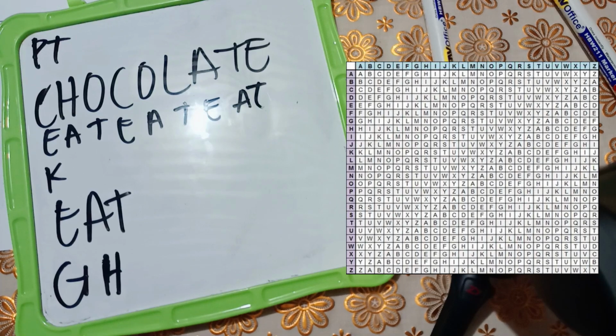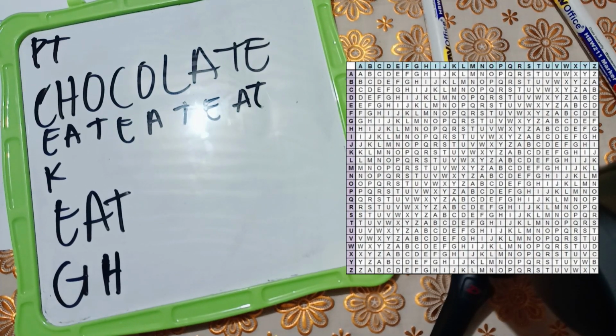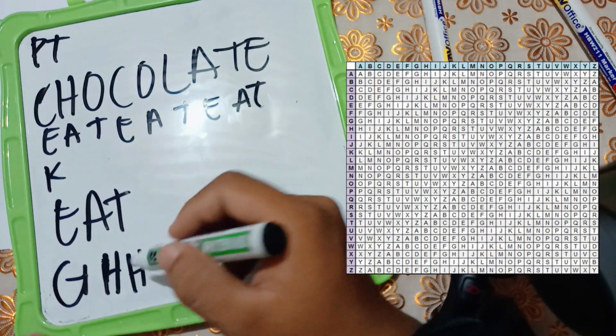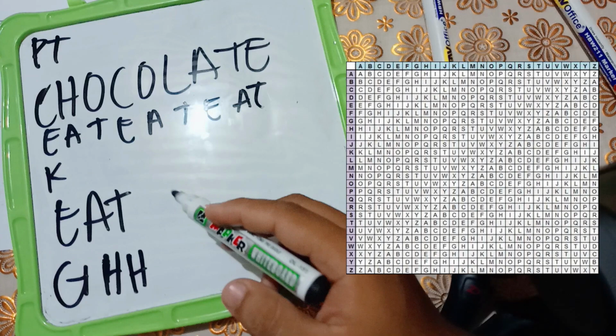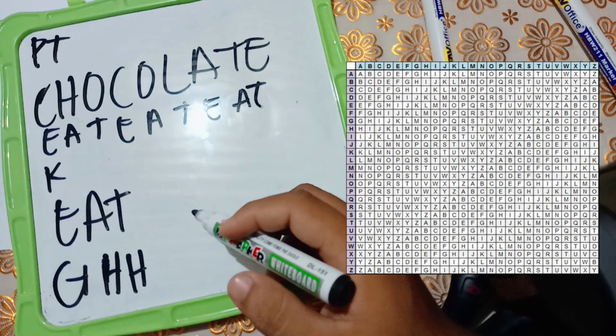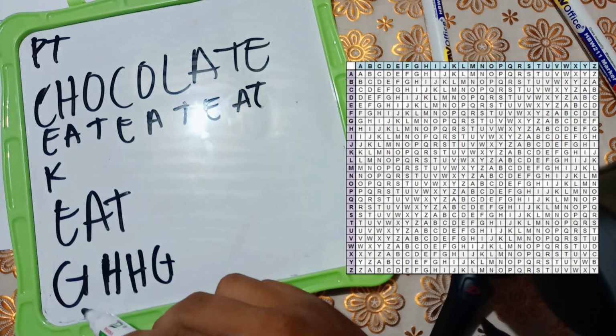It's hard to find here. So we have H also. And C to A, we have C. Also C, we already have, C, H, H, C.